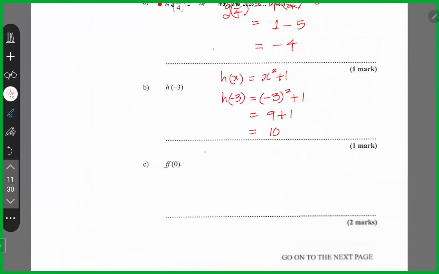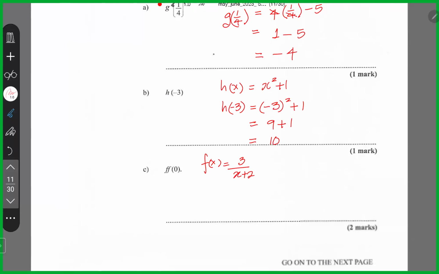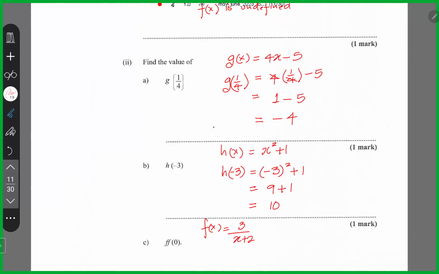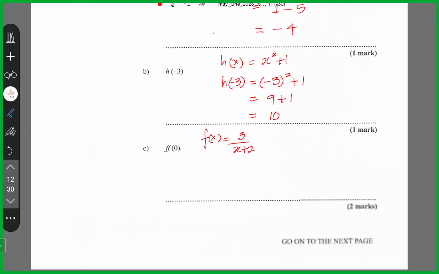F of x again is equal to 3 over x plus 2. Let's double check quickly to ensure that we're correct. Yes. Now, if someone asks me to find f of f of 0, I would start by finding f of 0.